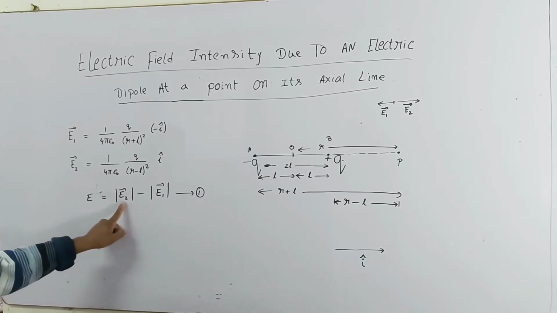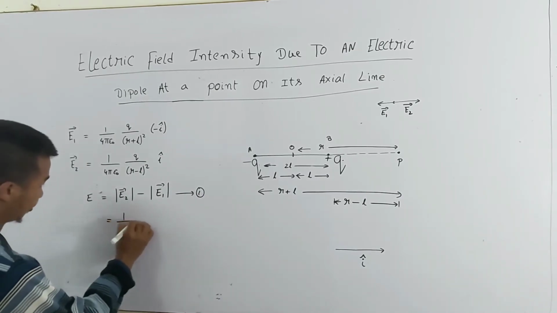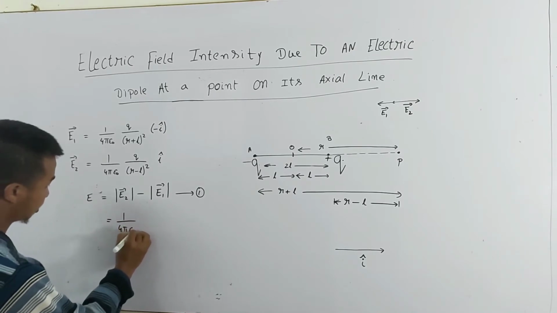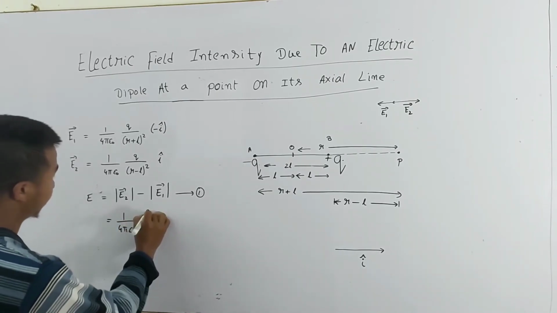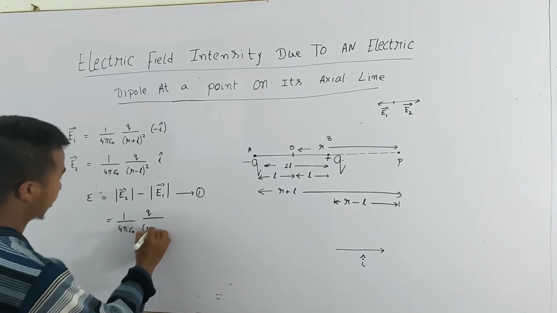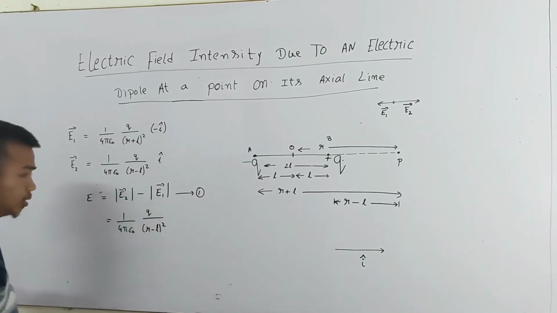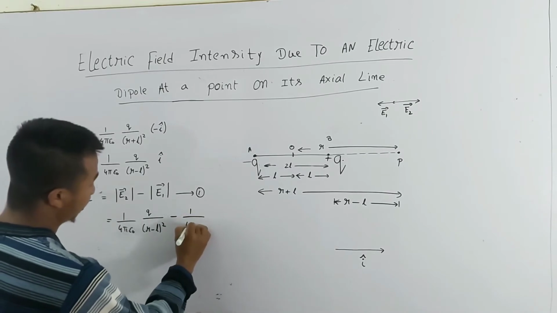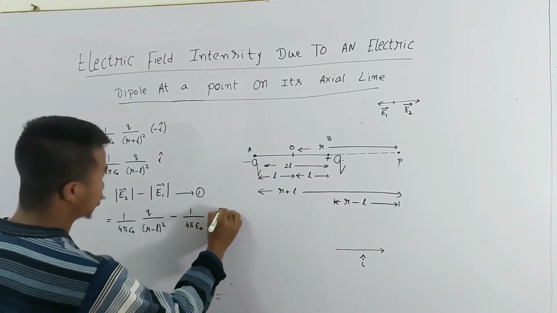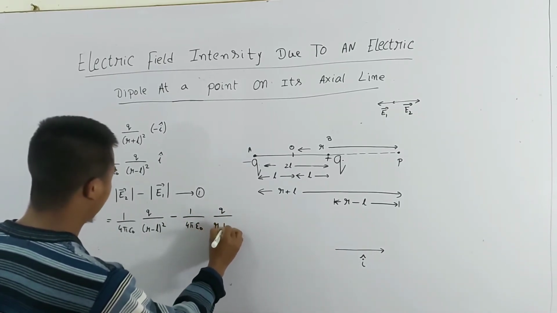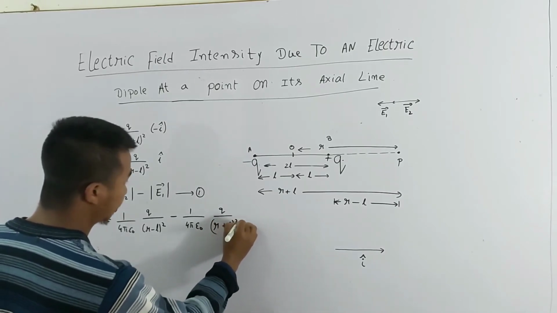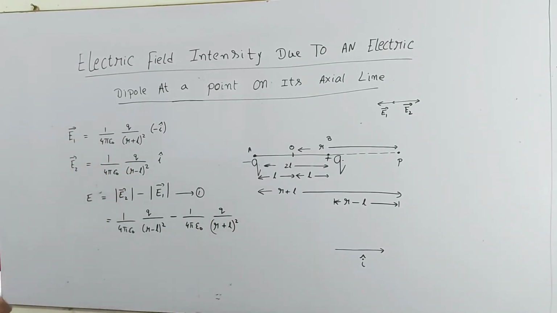So the magnitude of E2 is nothing but 1 by 4 pi epsilon naught, Q divided by (R minus L) whole square, minus 1 by 4 pi epsilon naught, Q divided by (R plus L) whole square. The question may arise, why E2 minus E1?